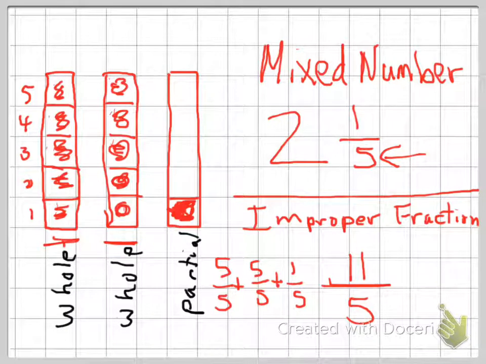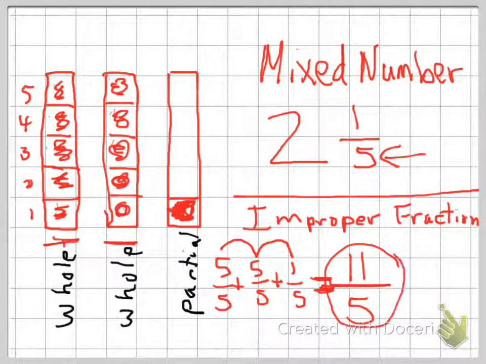Well, notice when you add fractions, the denominators stay the same. So we're going to put an equal sign. And then look, 5 plus 5 is 10, plus 1 is 11. Ta-da! Improper fraction, superhero. Mixed numbers, perfect for cooking. We need mixed numbers so we know how to prepare food. So there you have it.